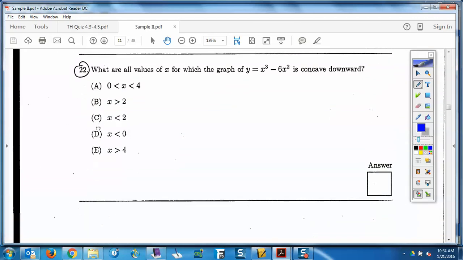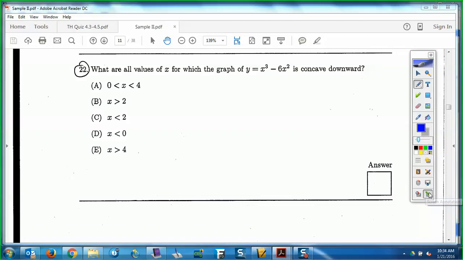22. What are all the values of x for which this graph is concave down? Really good problem. This, again, to me, is one of those that should be easy, I hate to use the word easy, but what makes the AP test hard and the packets hard, especially initially, is we're seeing a lot of problems that are just different than we've done.